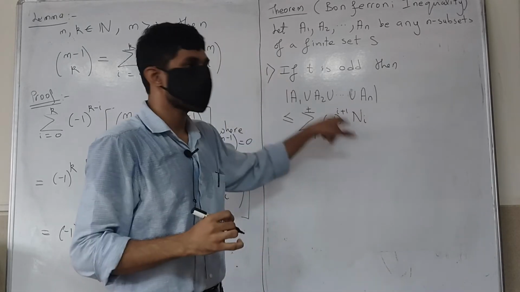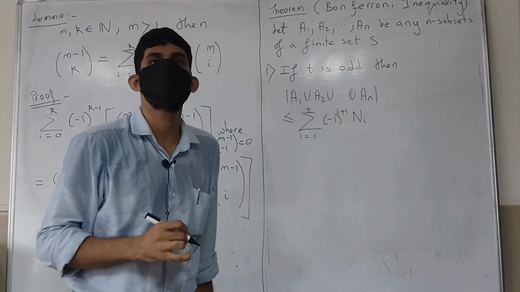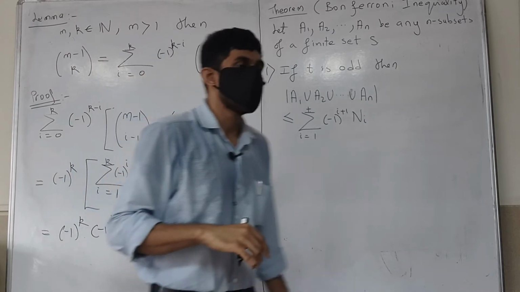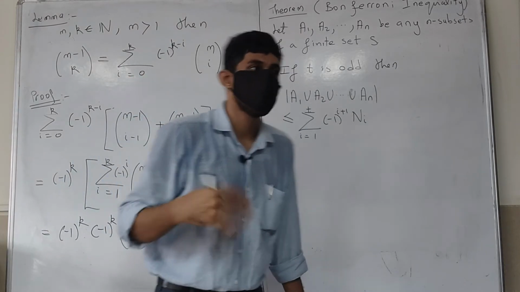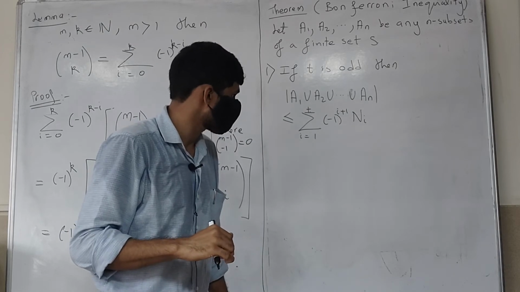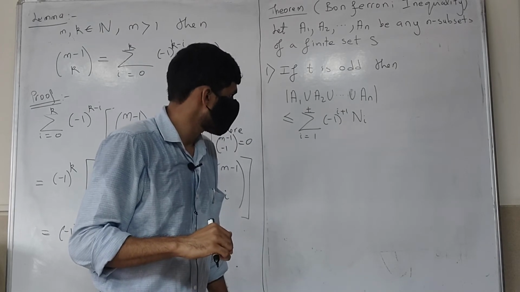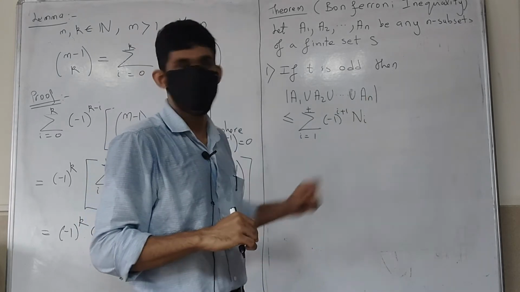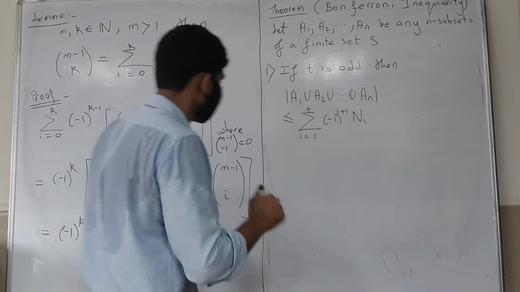This is nothing but the sums of the cardinalities of the i order intersections. We'll have a look at it.